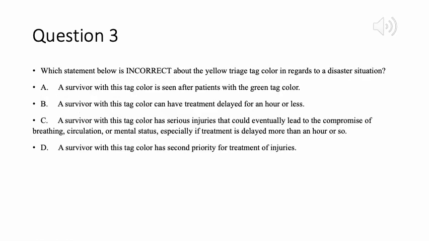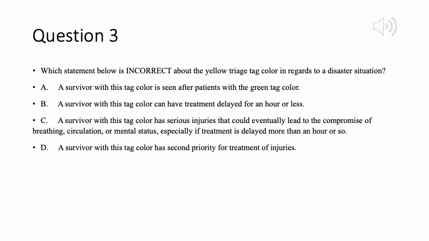Question number 3. Which statement below is incorrect about the yellow triage tag color in regards to a disaster situation? A, a survivor with this tag color is seen after patients with the green tag color. B, a survivor with this tag color can have treatments delayed for an hour or less.